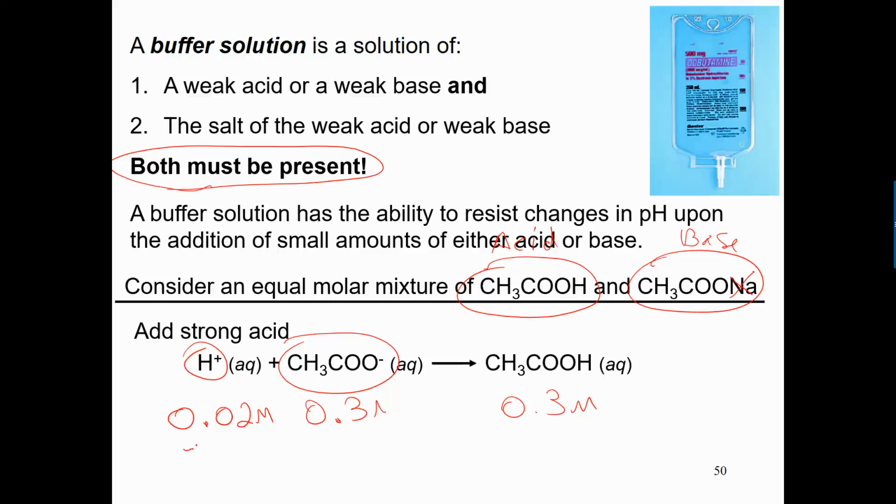Then it's going to be minus x, minus x, and plus x. Well, I know what x is: x is 0.02 molar. This goes to 0 minus 0.02 molar. I subtract from there, and I add 0.02 molar here. So I increase that concentration.